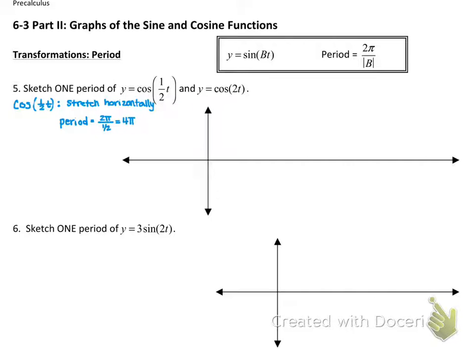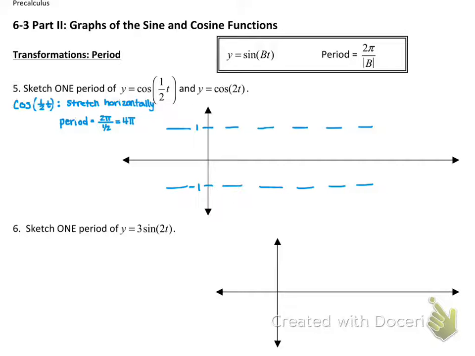So if I were to sketch this graph, I would have my values at 1 and -1. Okay, so that means that I need to go all the way to 4 pi.